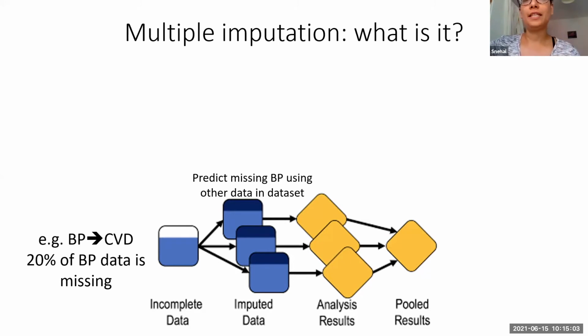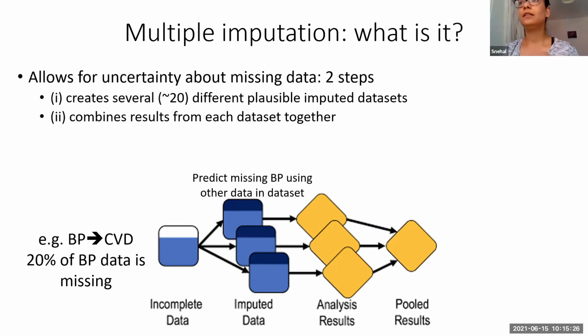So you take all those 20 results and pool them together into one result that you are going to present. That pooled result has wider confidence intervals, allowing for the fact that there was uncertainty in blood pressure for 20% of your population.